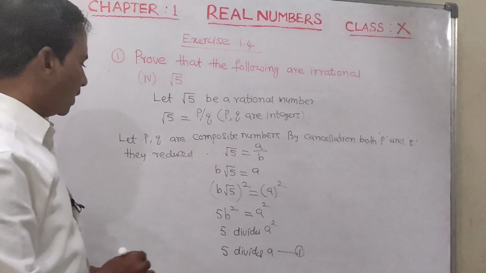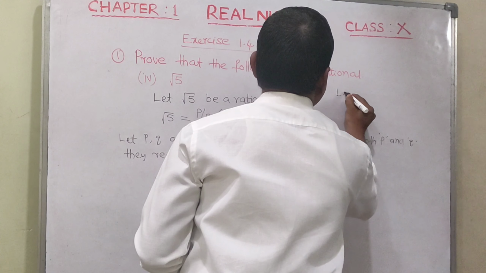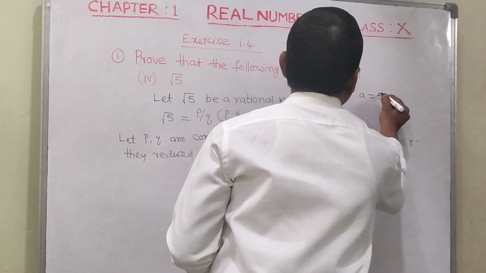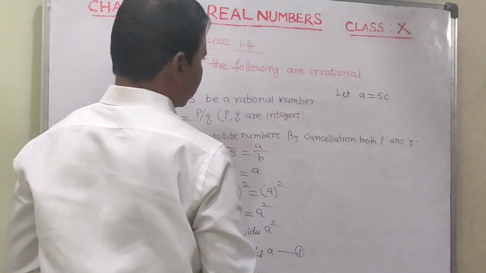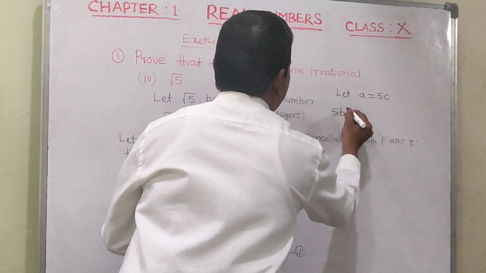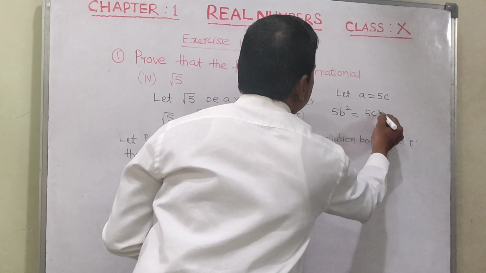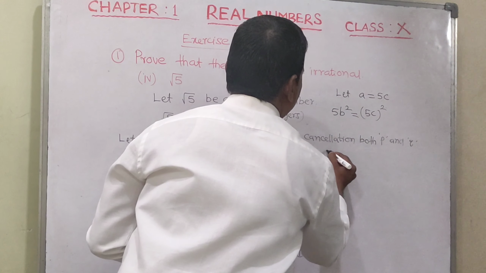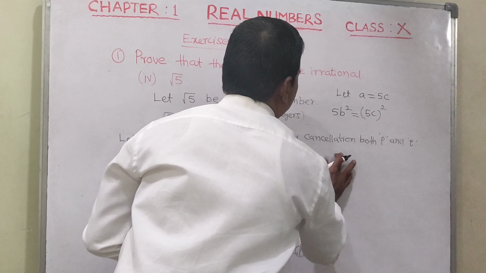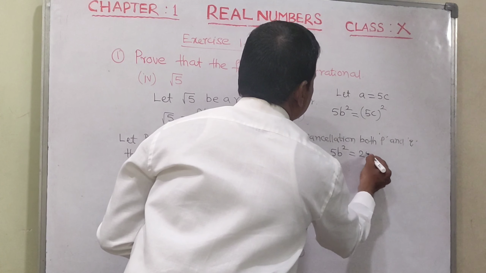Now, let us consider a as 5c and substitute in this. 5b square equals a square, and a means 5c whole square. 5 fives are 25, so 5b square equals 25c square.